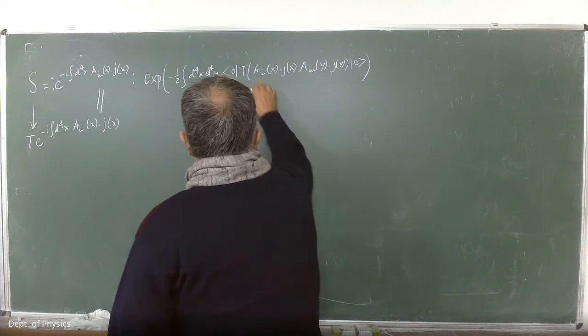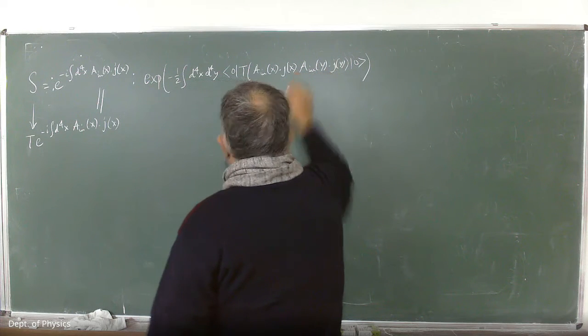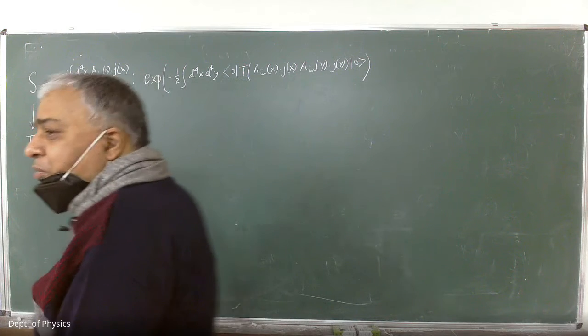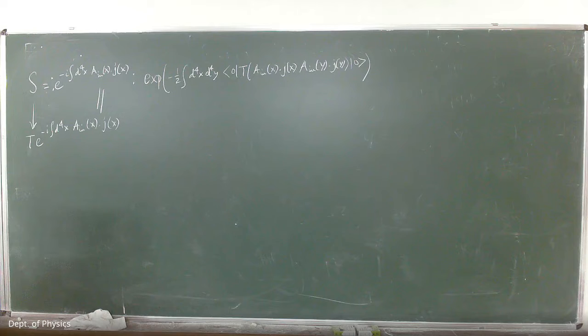So what you are left with is the vacuum expectation value of the time ordered product of A_in(x), A_in(y). These are nothing but Feynman propagators. So you will have a series of terms where Feynman propagators will always come: one propagator, then the next term will be a product of two propagators, then three propagators, and so on.